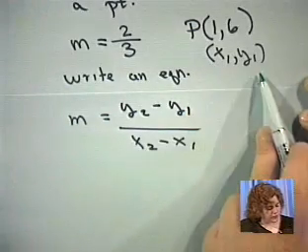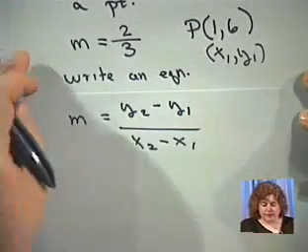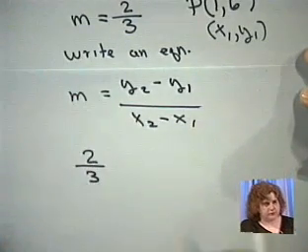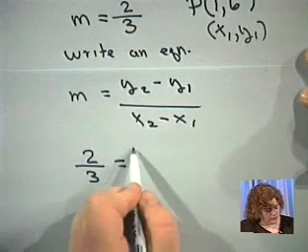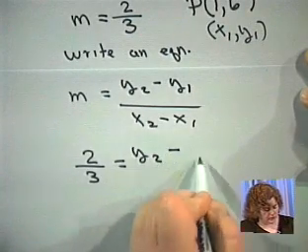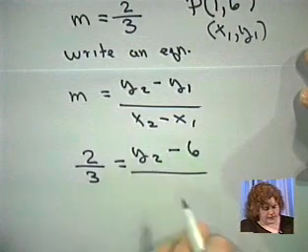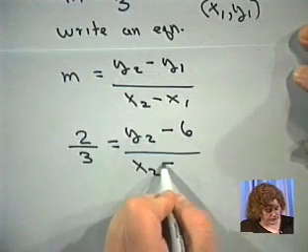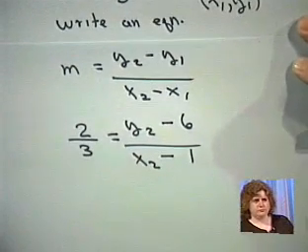The coordinates x1 and y1. And we know the slope m, and let's just substitute. Where we see the m, we'll put in 2/3. We're not going to put anything in for y2, but for y1 we'll put in a 6. And we won't put anything in for x2, but we will put in a 1 for the x1.